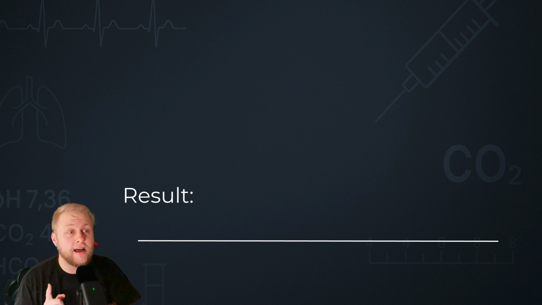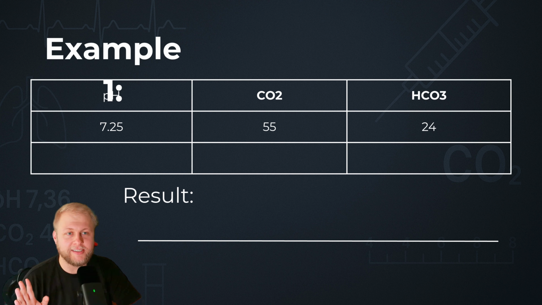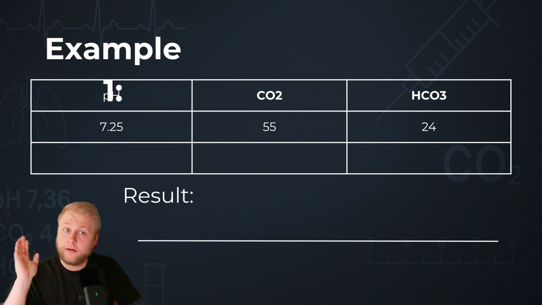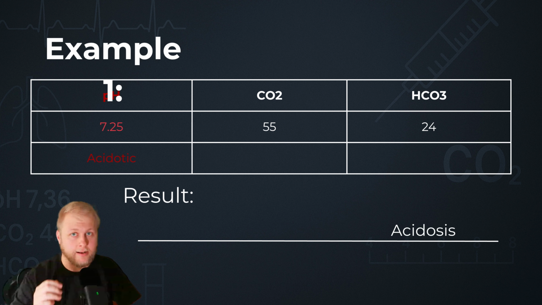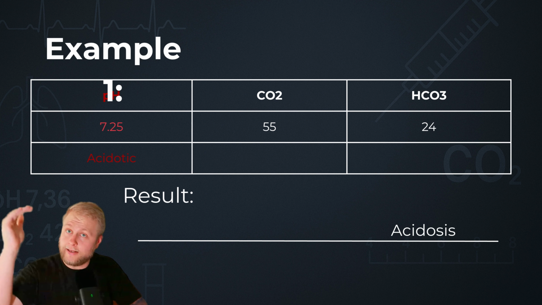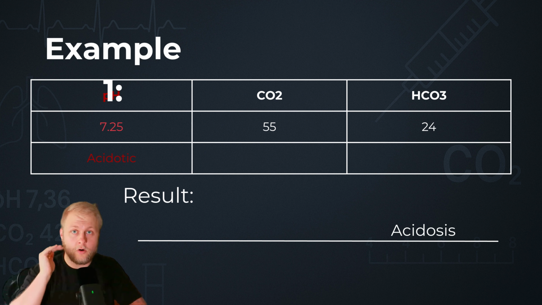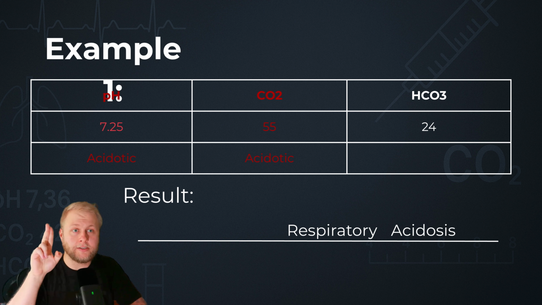All right. Now let's lock in and let's go ahead and do some examples. Okay. First example, pH 7.25, acidotic, alkalotic, or normal? 7.25 is acidotic. 7.25 lower, acidotic. CO2 55, acidotic, alkalotic, or normal? Well, CO2 is 35 to 45. So acidotic. So there, we've already linked two of them, right?